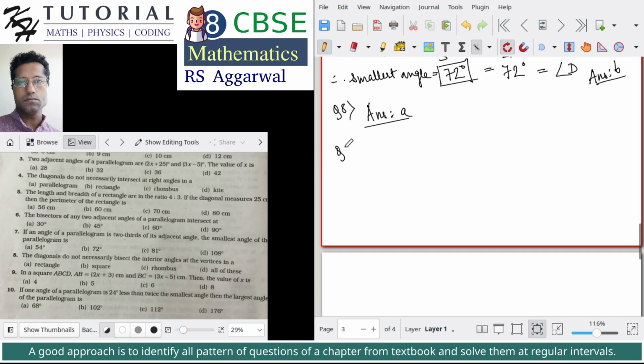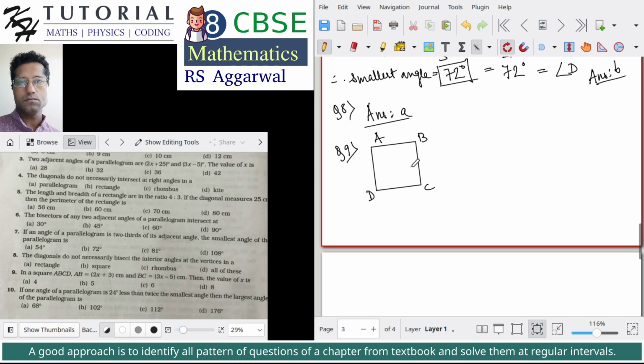Question number 9. In a square ABCD, AB is equal to 2x plus 3 centimeter. Okay, let's draw a square. So ABCD is a square.